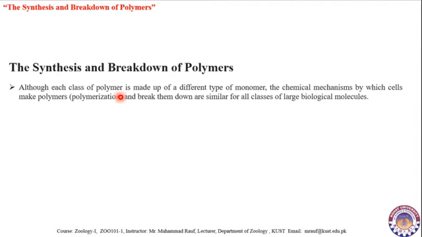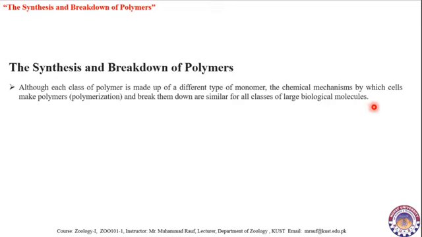Although each class of polymer is made up of a different type of monomer, the chemical mechanism by which cells make polymers, or polymerization, and breakdown are similar for all classes of large biological molecules.